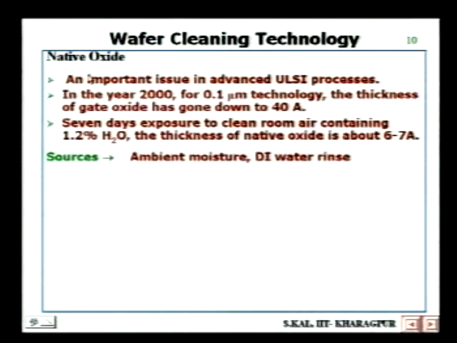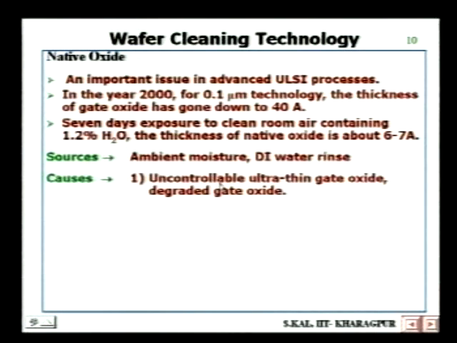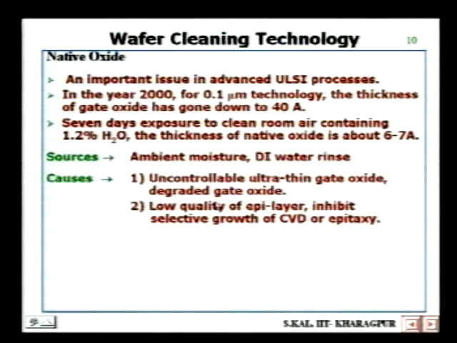The sources of native oxide, how it is formed, are ambient moisture and DI water rinse, and this native oxide causes uncontrollable ultra thin gate oxide. It also degrades gate oxide. It also causes low quality of epi layer. It inhibits selective growth of CVD or epitaxy.